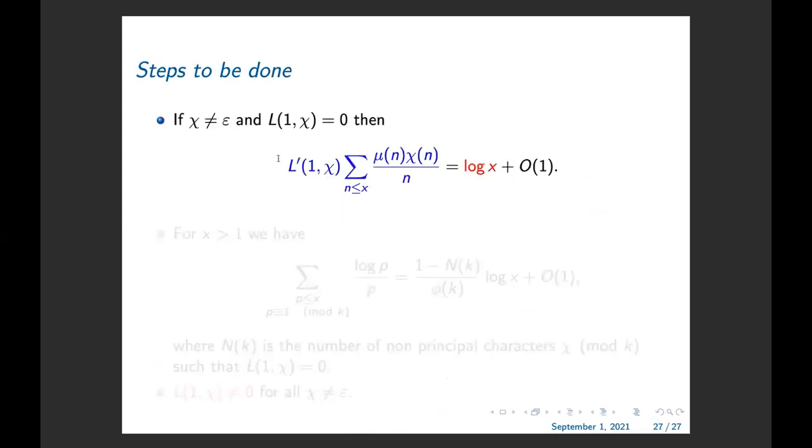Again, for example, suppose L(1, χ) is 0. Then we can again show that this would be equal to log x plus big O of 1.